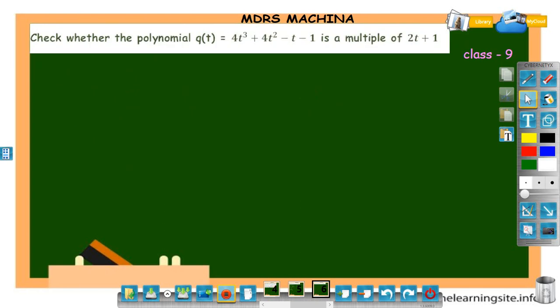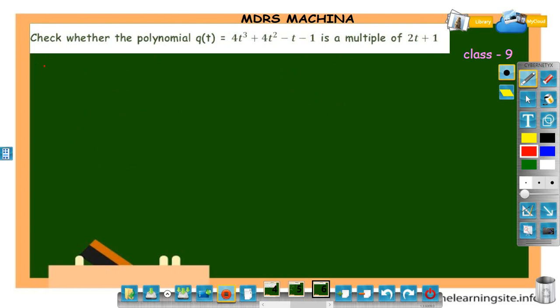Now check whether the polynomial q of t is equal to 4t cube plus 4t square minus t minus 1 is a multiple of 2t plus 1. Which is the dividend?